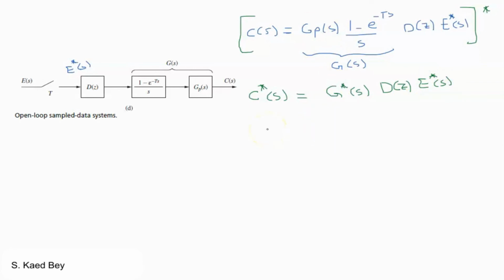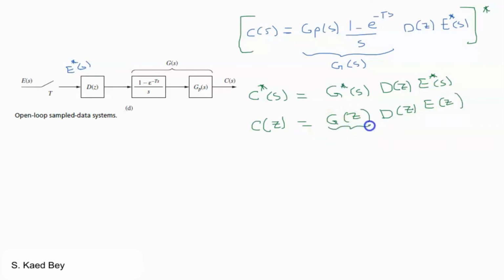And we can easily convert this to the Z domain, so we end up with the output in the Z domain equal to G in the Z domain multiplied by the computer transfer function in the Z domain multiplied by the input in the Z domain.